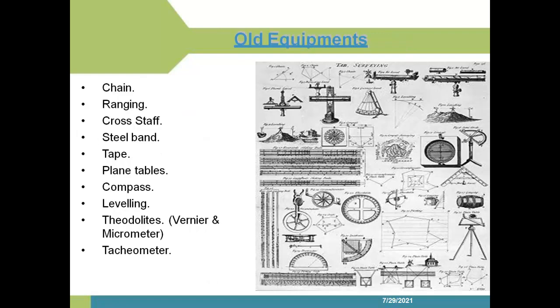These are some old instruments used in survey: chain, ranging rod, cross staff, steel band, tape, plane tables, compasses like the prismatic compass and surveyor's compass, leveling staff, dumpy level, tilting level, theodolite, vernier theodolite, transit theodolite, non-transit theodolite, digital theodolite, analog theodolite, and tacheometers also.